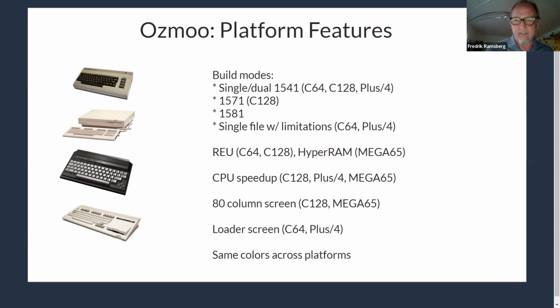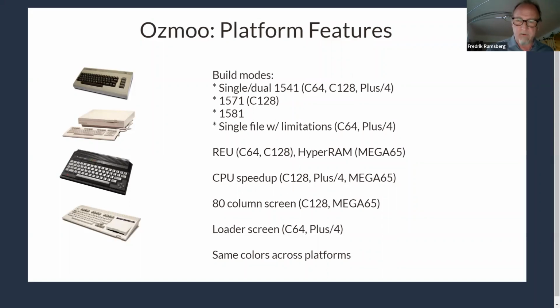The +4 does that automatically. It runs at almost 0.8 megahertz, and then it doubles that while in the border. And for Mega 65, we're running at 40.5 megahertz because that's what you can do there.